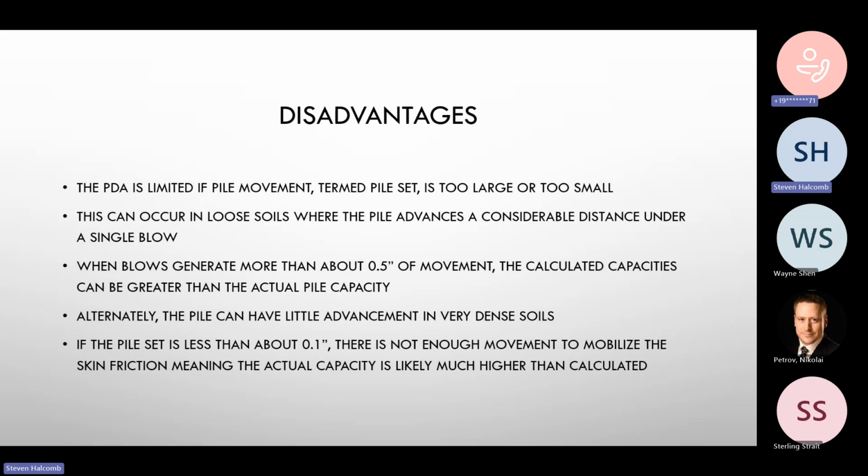And also, if you've got too low blow counts, it becomes really difficult to assess capacity, because the difference between 119 and 118 blows a foot is not that much. You're at that flat part of the curve. But between 10 and 11 blows a foot is a huge difference in percent-wise capacity.